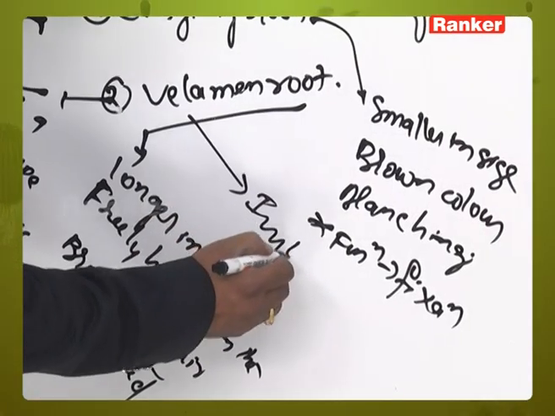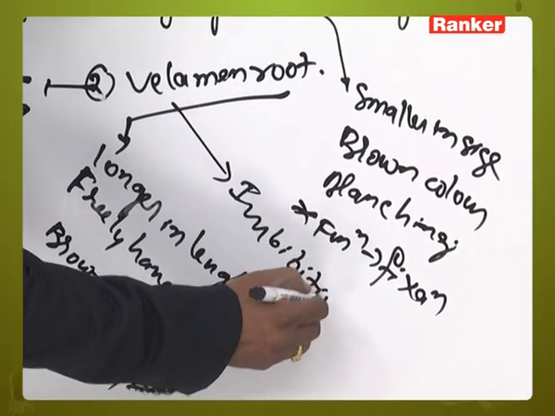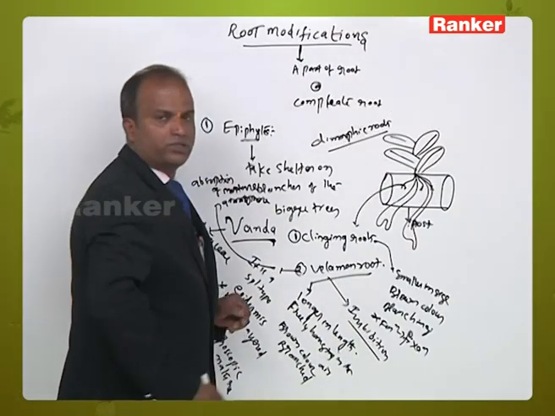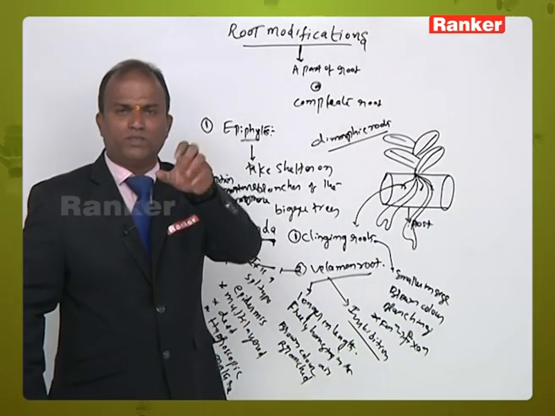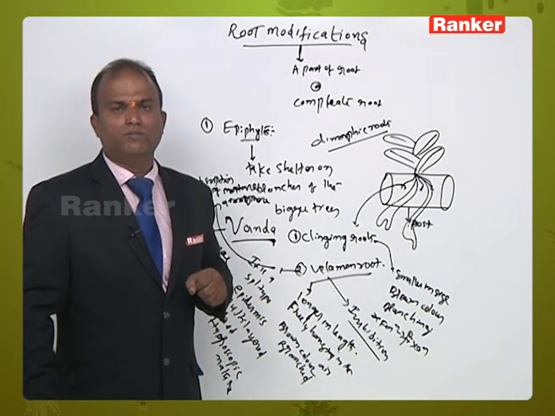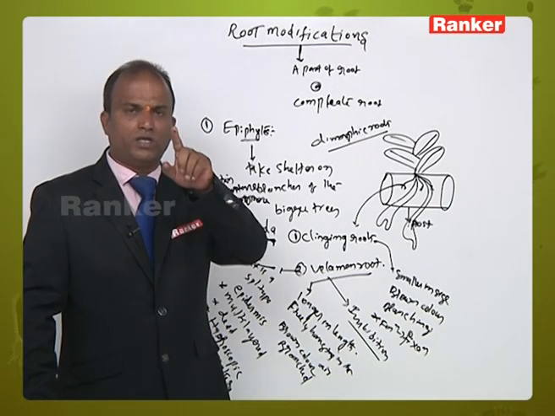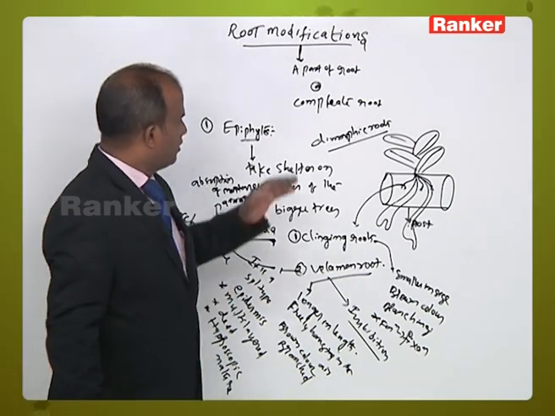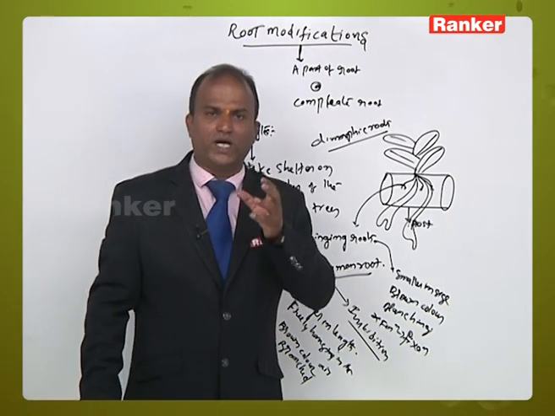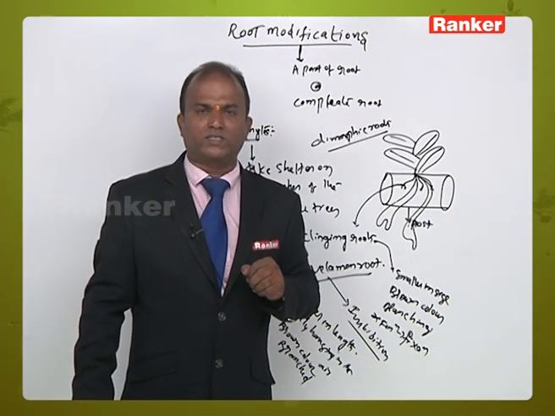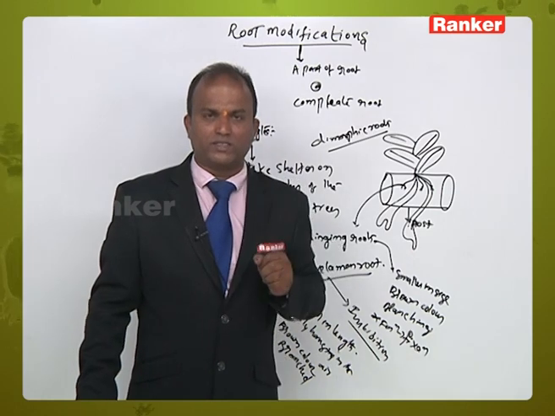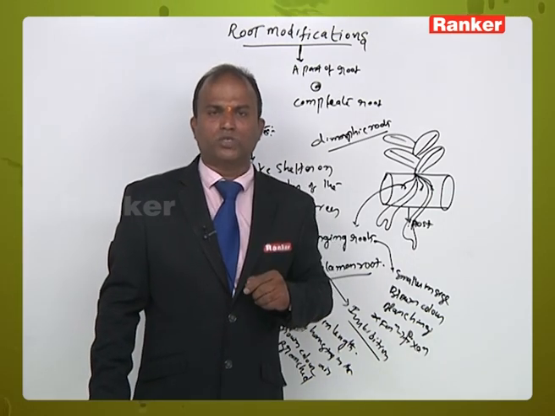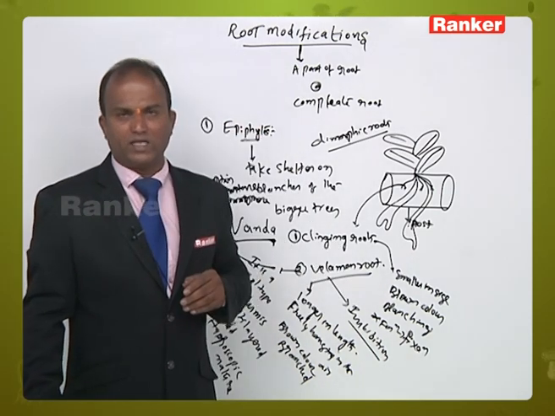Imbibition. That means velamin roots play an important role in imbibition, which helps in absorbing moisture from the atmosphere. Can you tell me whether these epiphytes show xerophytic characters or mesophytic characters? These epiphytes show xerophytic characters. Why?